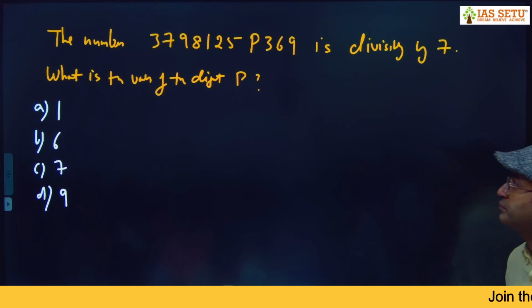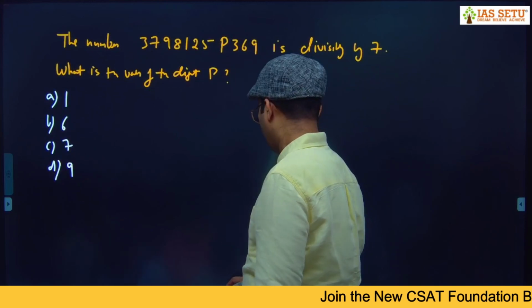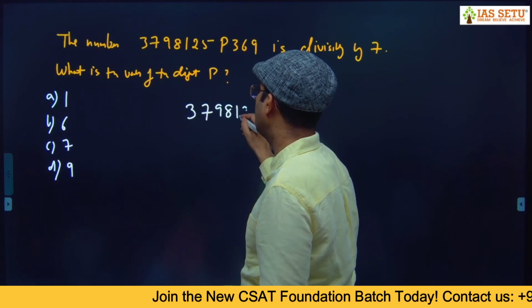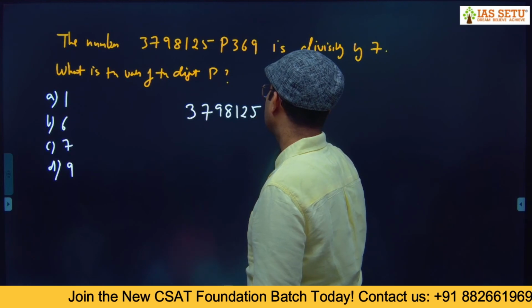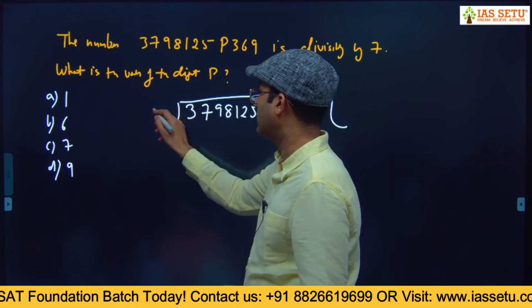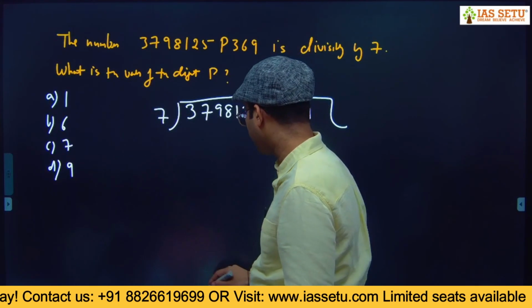I will tell you. See here. Bigger number, don't worry. C798125PC69. I try to divide it by 7. P has to be any one of these. I try 1.